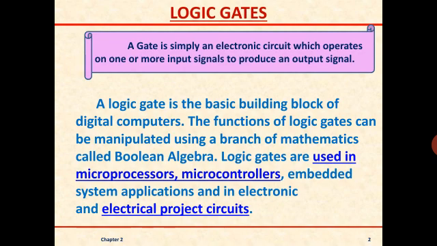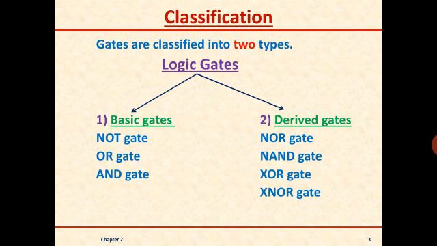Now in today's class, we are going to understand the classification of logic gates, and in detail we will be learning about each and every gate. Gates are basically classified into two types. First one is basic gates. Second one is derived gates.